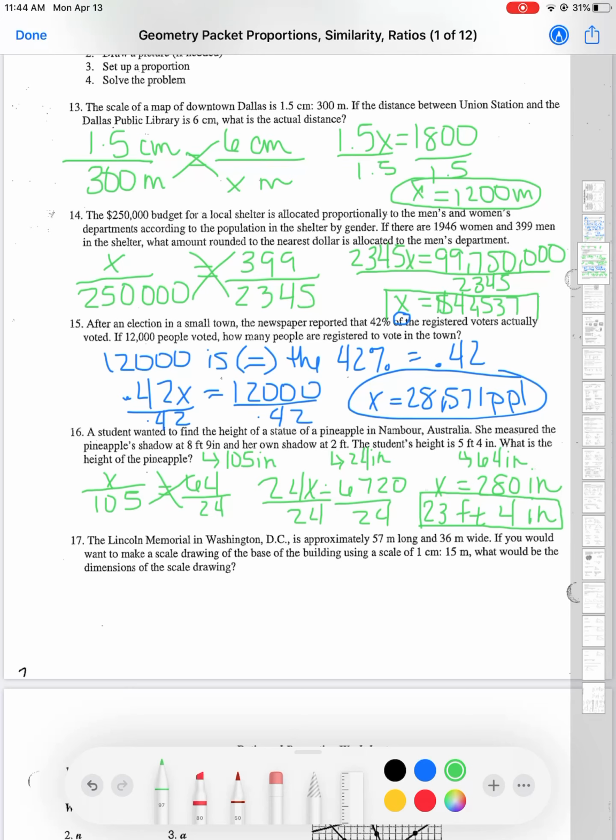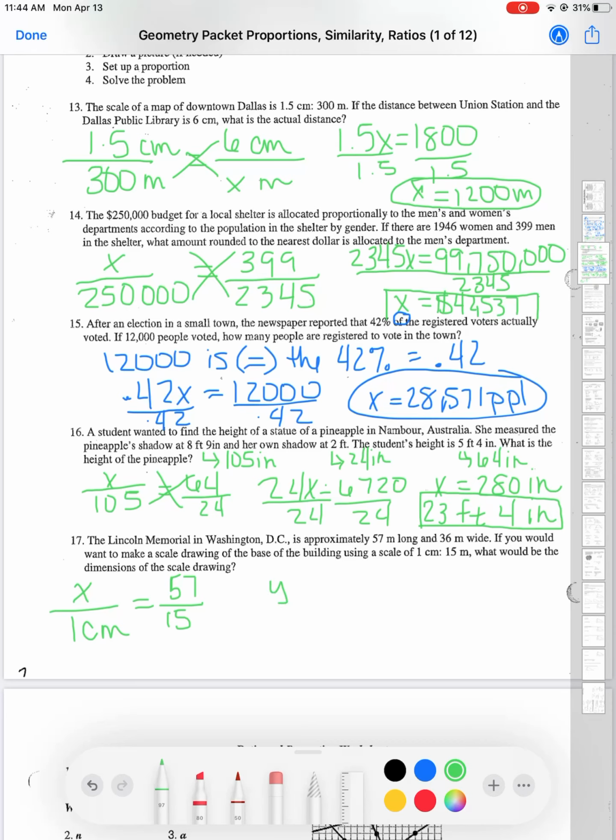So if we wanted to do x to 1 centimeter, that would be equal to 57 to 15.